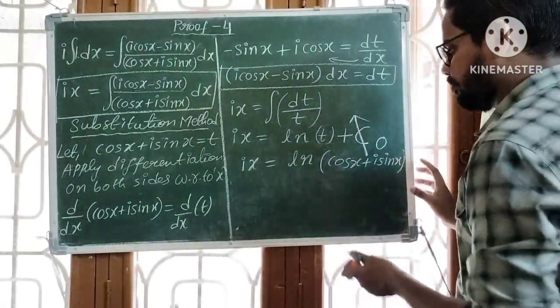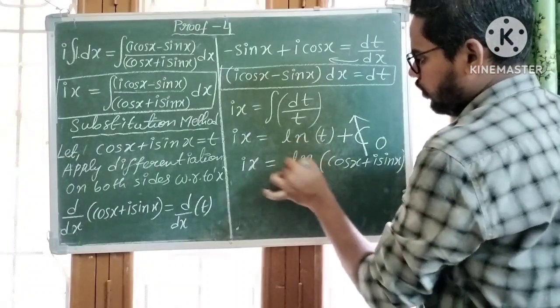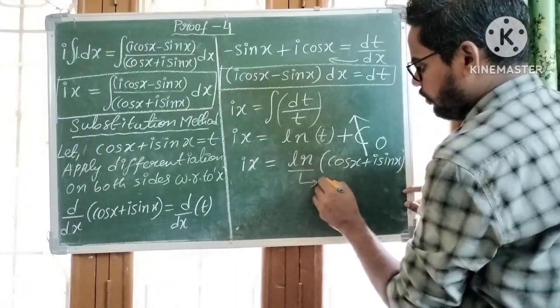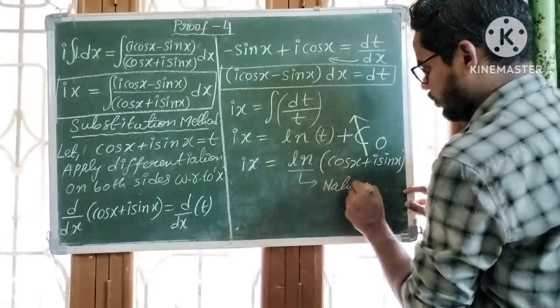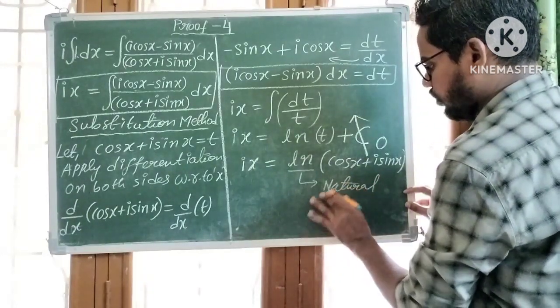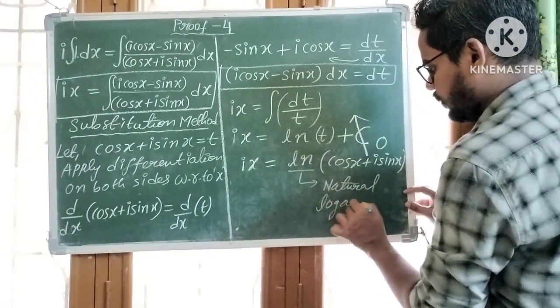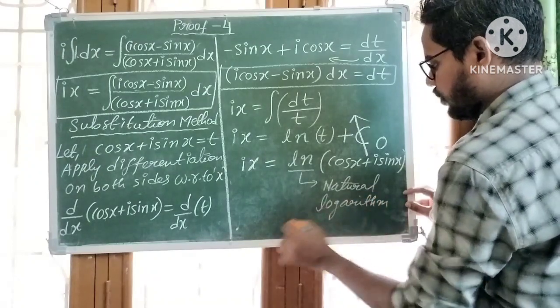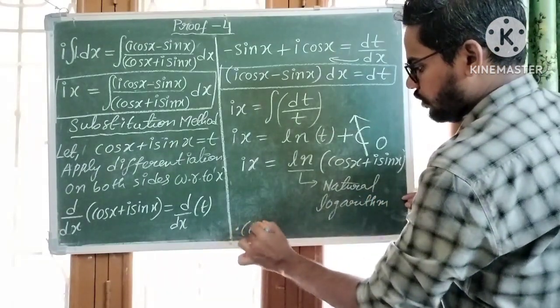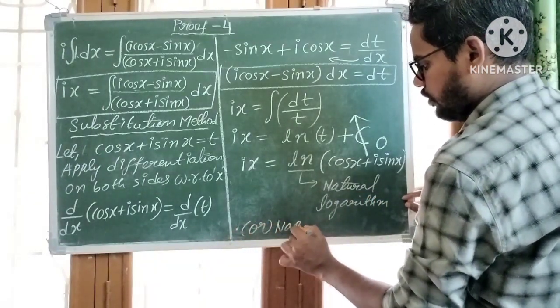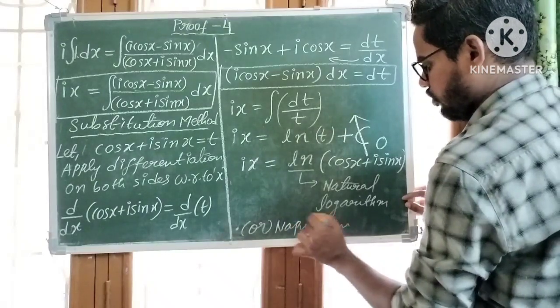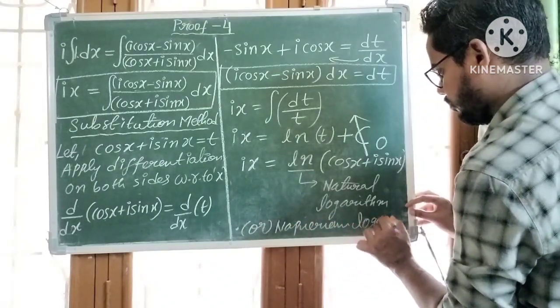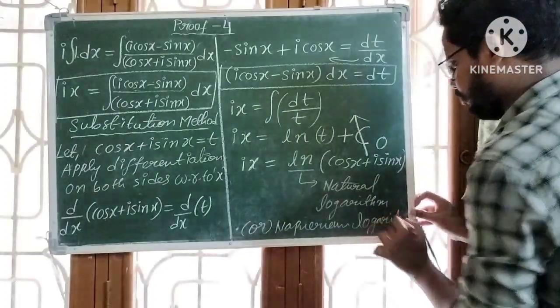Ln means which type of logarithm? Natural logarithm. It is called natural logarithm or Neperian logarithm.